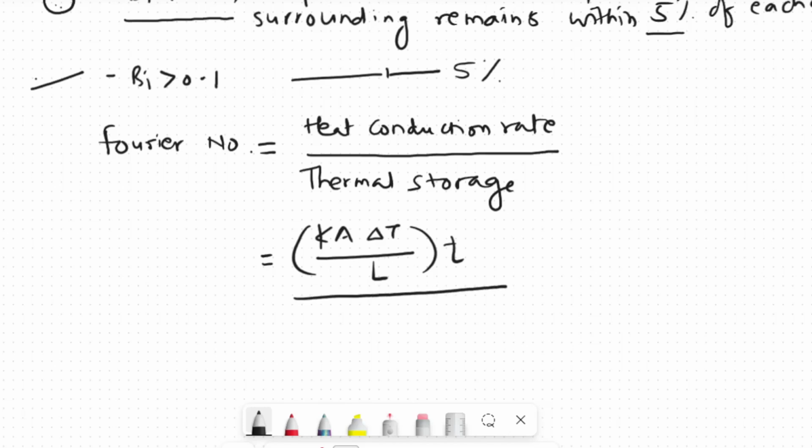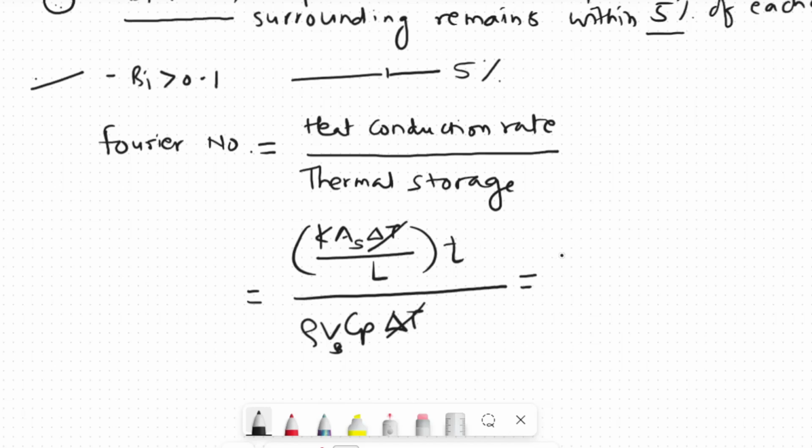And the thermal storage can be written as m Cp delta T or rho V Cp delta T. So what we get is that the delta T will get cancelled out, and I can write the volume upon area as a new term called the characteristic dimension.